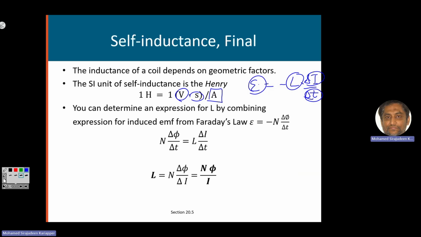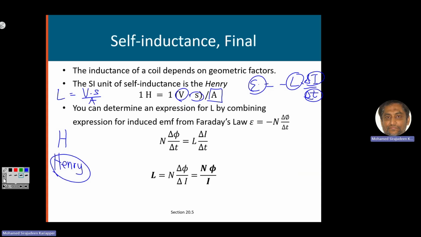So the SI unit for inductance is volt second per ampere. But again, you have one name for that, Henry, with the letter H. It's a name of the scientist who worked on inductance. Like Farad is for capacitance, Henry is for inductance.